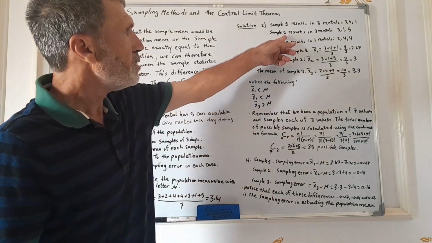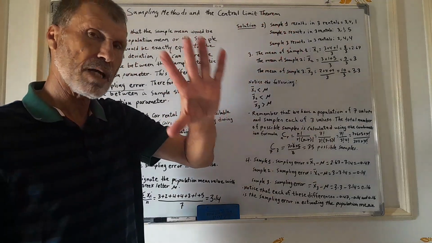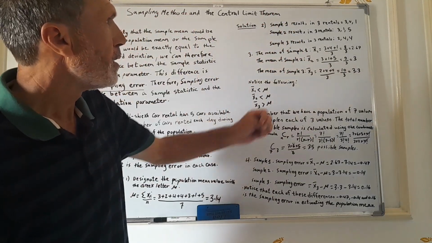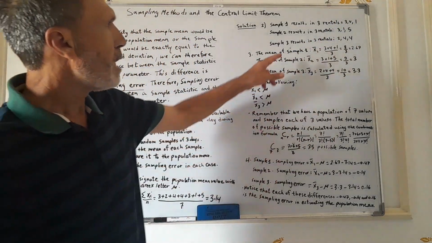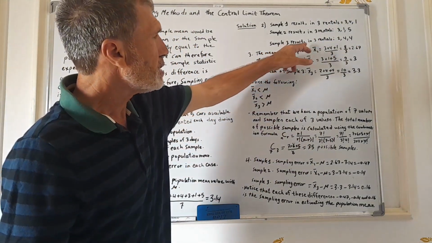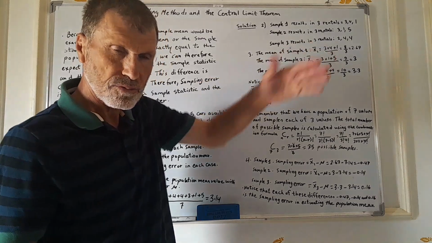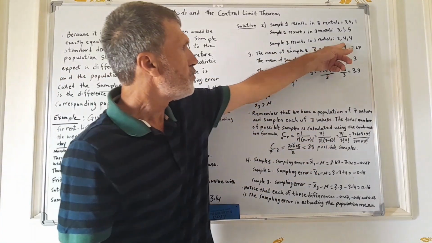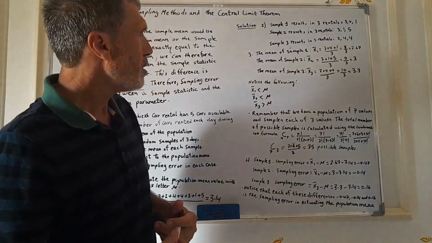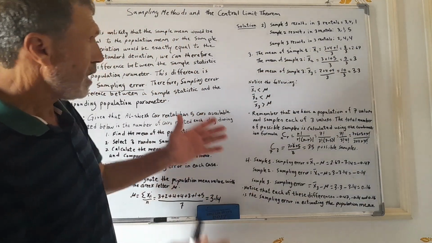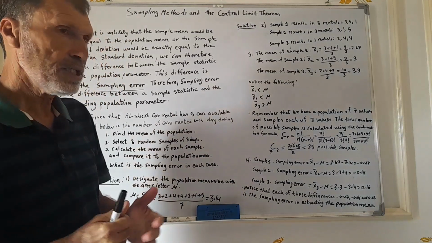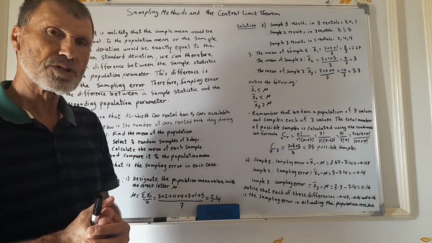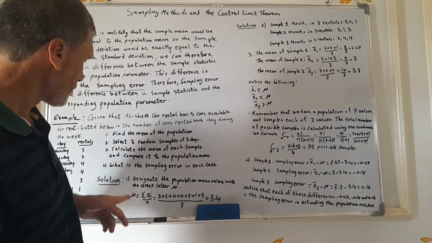Sample 2 in 3 rentals, of course, because each sample consists of 3 days: 3, 1, 5. Sample 3 results in 3 rentals, 3 days: 2, 4, 4. Now, these are the 3 random samples selected. Each sample consists of 3 days or 3 rentals.